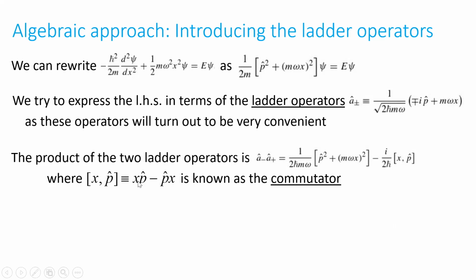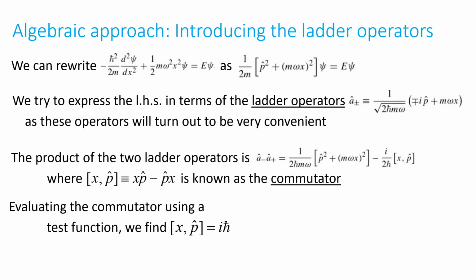So x times the first derivative of what's on the right is different from taking the derivative of x times something that depends on x, because that will involve the product rule. So in general, it's not the same to take the derivative with respect to x and multiply by x as it is to first multiply by x and then take the derivative. So that's why x p hat minus p hat x is not 0.